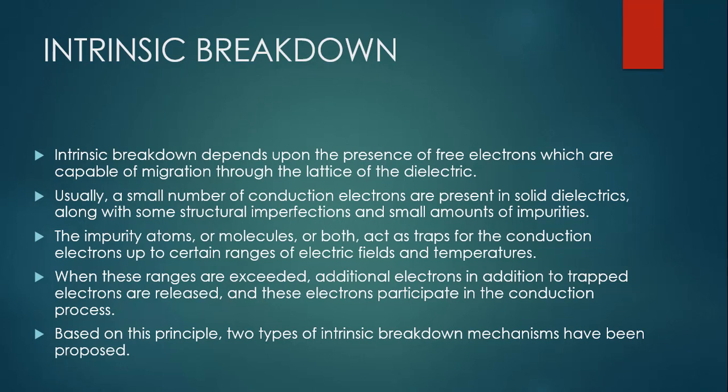These impurity atoms or molecules or both act as traps for the conduction electrons up to certain ranges of electric field and temperature. The impurities trap the electrons, but when the electric field goes above that range, they are not trapped and the electrons are released. The intrinsic breakdown is just a measure of the amount of free electrons that are present in the material.